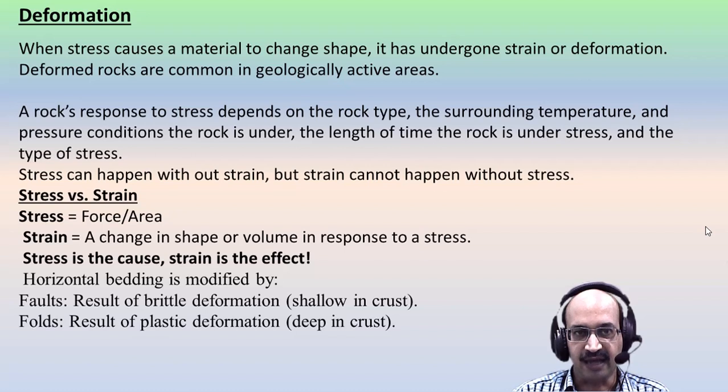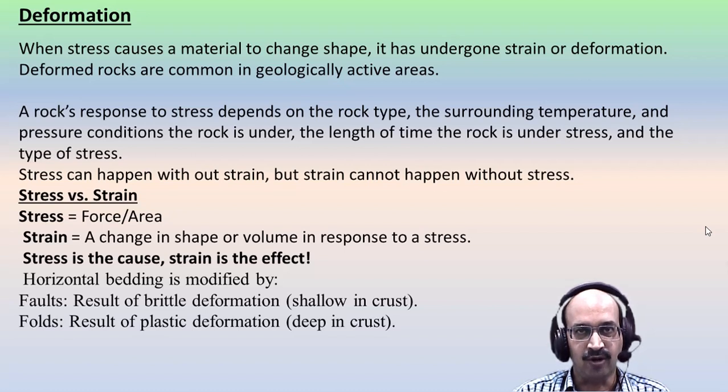Stress can happen without strain, but strain cannot happen without stress. Stress, as we all know, is the force per unit area, and strain is the change in shape or the volume in response to the stress. So we can say that stress is the cause and strain is the effect.